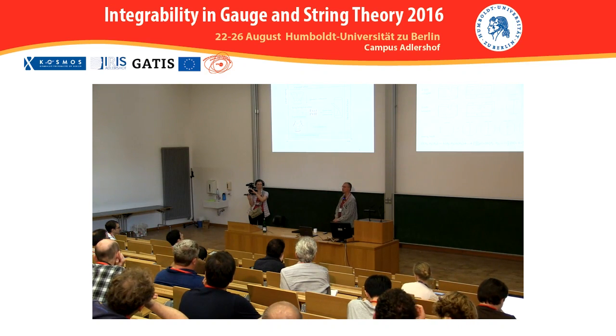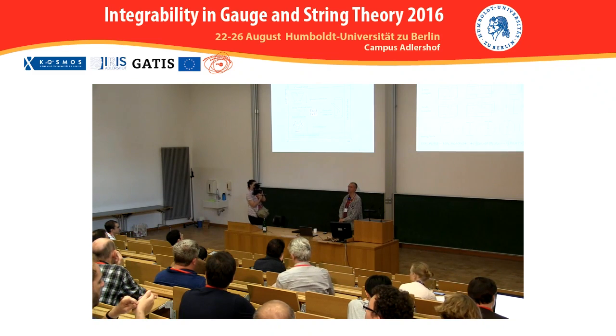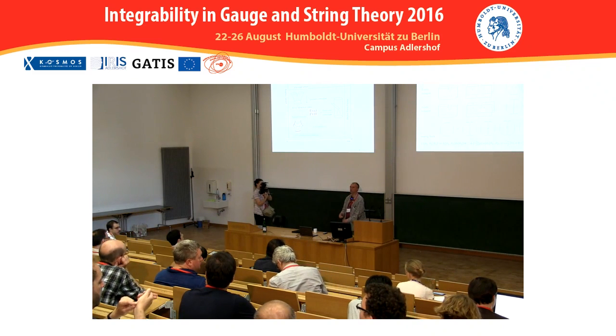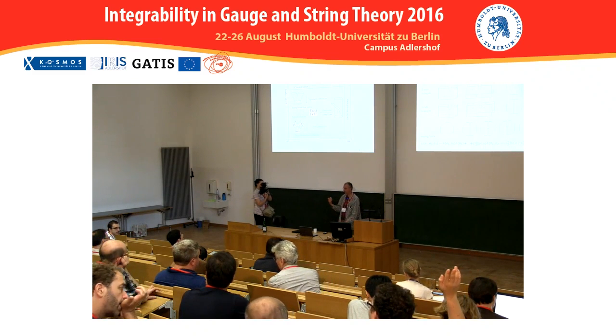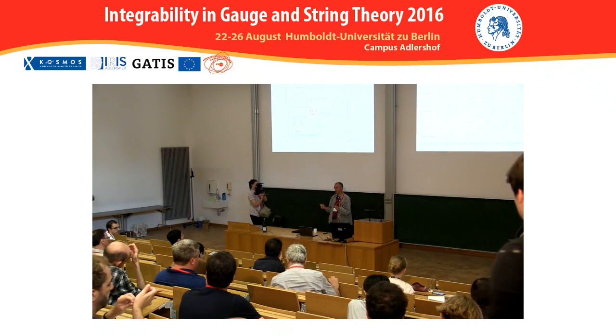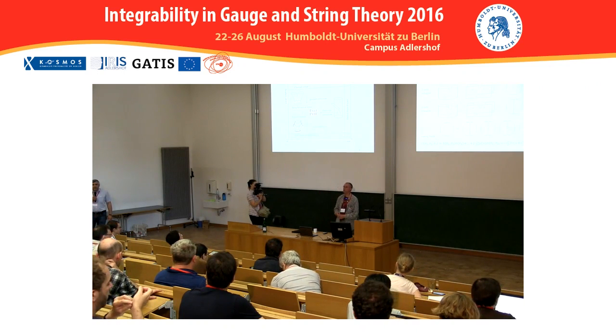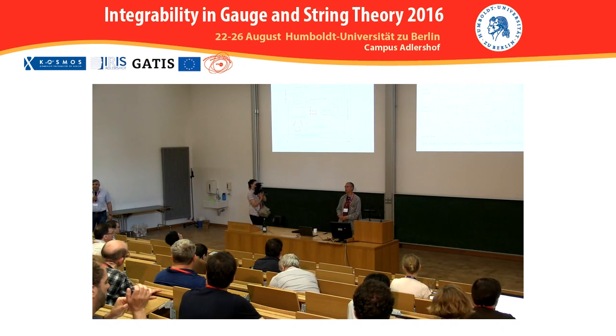No, we didn't. But definitely it should contain the 1 over N corrections, because this is the mixing matrix. The leading 1 over N correction comes from the mixing between the double trace and single trace operators, and we are calculating exactly this mixing matrix element.